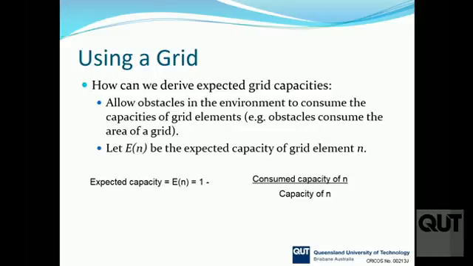Okay, so how can we derive expected grid capacities, allow obstacles in the environment to consume capacities of the grid element? So we're saying that if there are other objects in the environment, then we use that as information to decide whether we want to include that grid element in our pathfinding search or not. So we can let a function En be the expected capacity of a grid element.